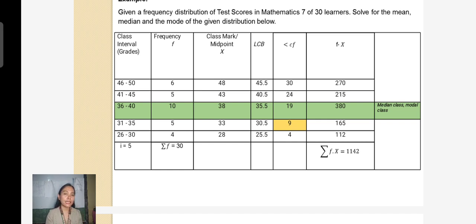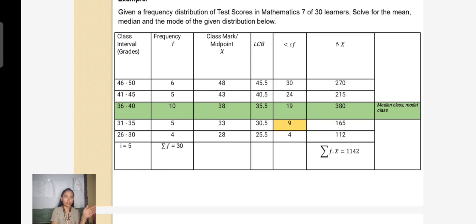Okay. For the less than CF, or less than cumulative frequency, column 5, we add our frequency from the bottom to the top. So, 4, we copy the 4, and then you add the 5 from the frequency, that is equal to 9. Then 9 plus 10 is 19. You put it in column 5, above the 9 is 19.